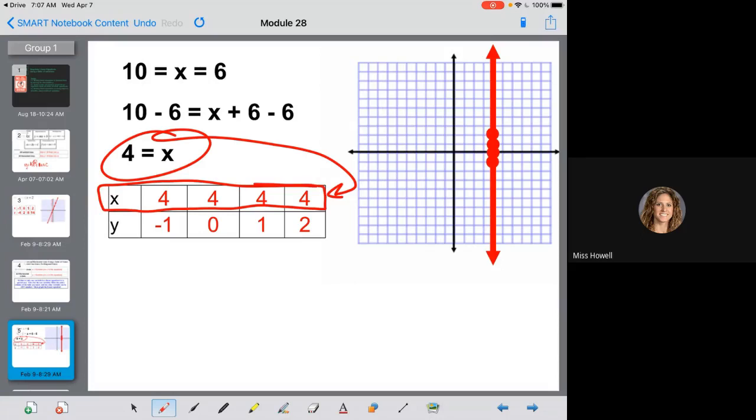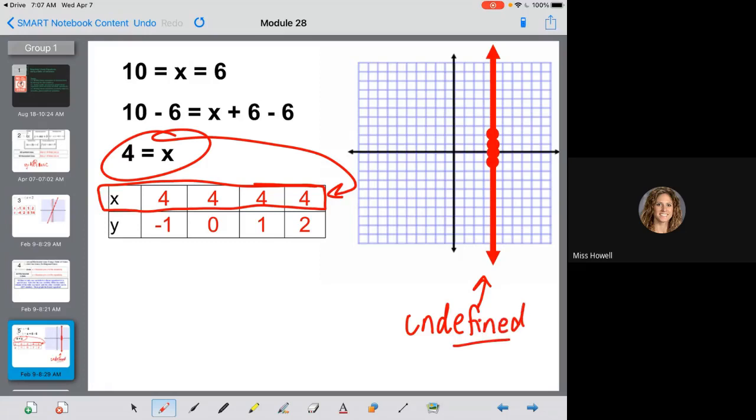And then our other variable can be anything. We've been using -1, 0, 1, and 2, but again, they could be anything, any numbers. I would pick between -10 and 10 so you don't have to renumber. And when we have an x equals line like this, we'll have a line that looks like this, which is vertical. It will always have what's called undefined slope, like we're falling off that cliff.